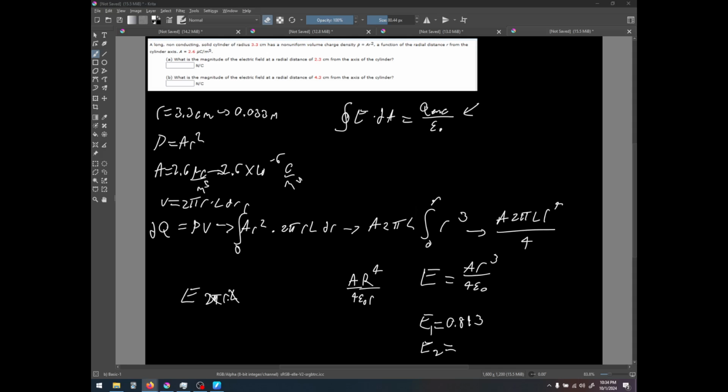.05 meters. Okay, now I'm getting E2 equals 7.6.